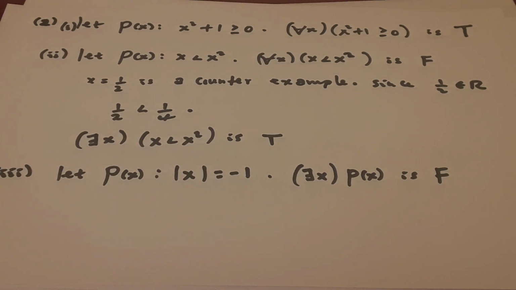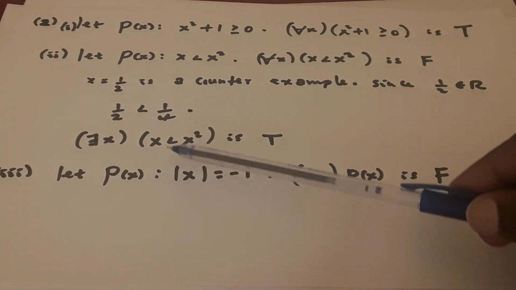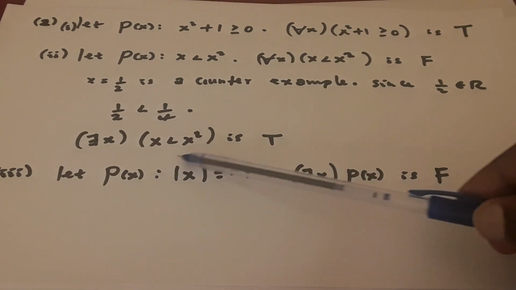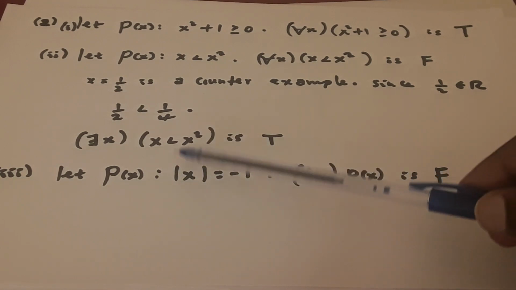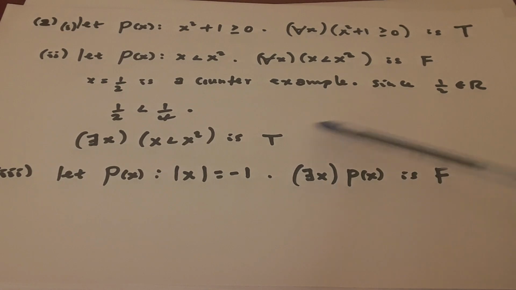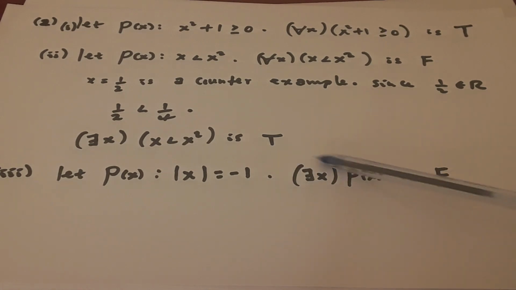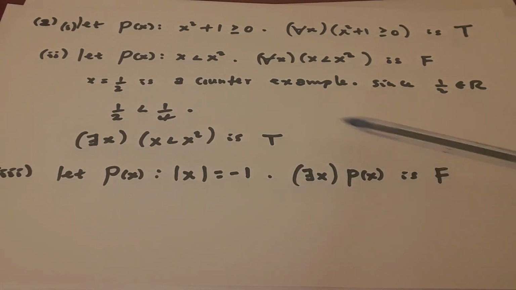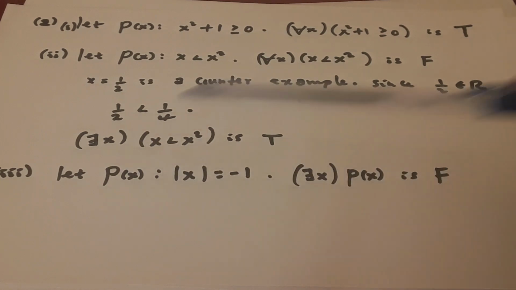Minus 1 is less than 1 is false, but for some x, if x is minus 1, minus 1 less than minus 1 squared, which is minus 1 less than 1, is true. That's why this is a true proposition if it becomes the existential quantifier.